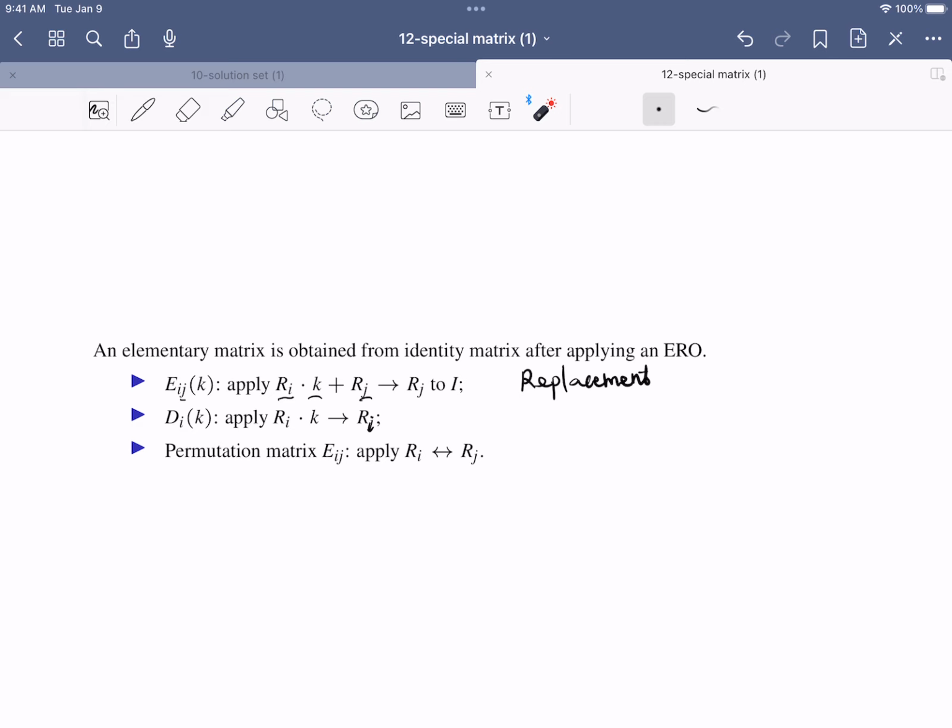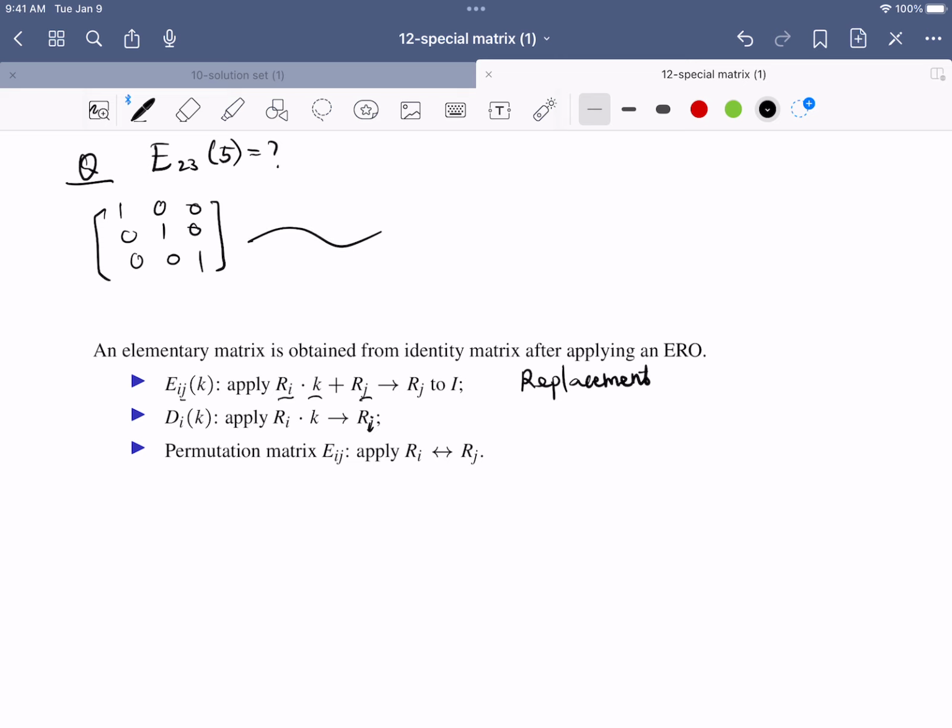So, for example, one question: what is E23(5)? We're talking about 3 by 3 matrices again. You start from the identity matrix, with 1, 1, 1 on the diagonal and 0 elsewhere, and try to do this ERO.